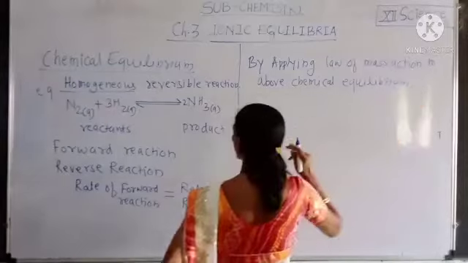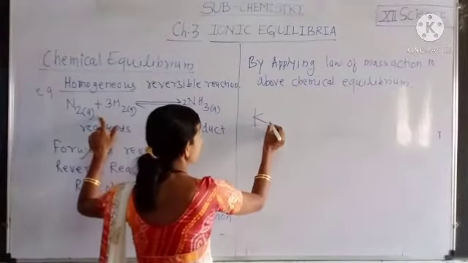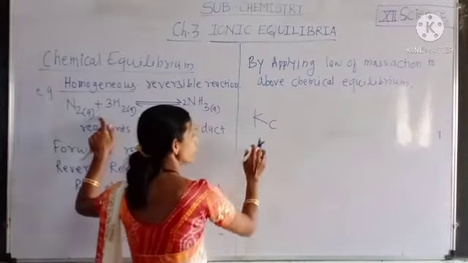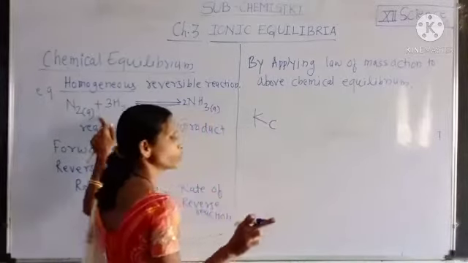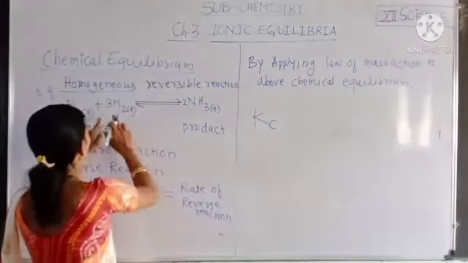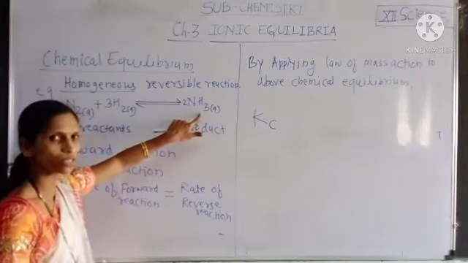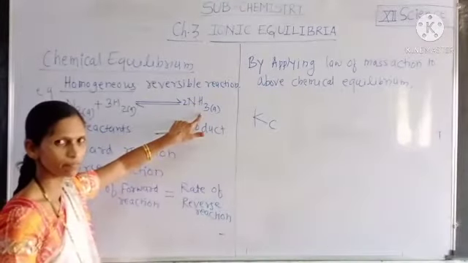we can get the equation, that is Kc. Kc is the equilibrium constant used when the reactants and products are in liquid state.